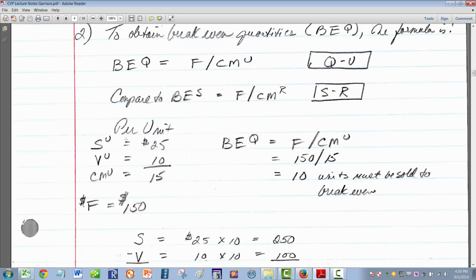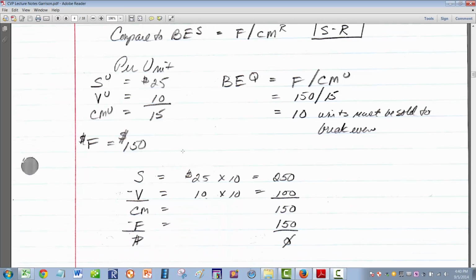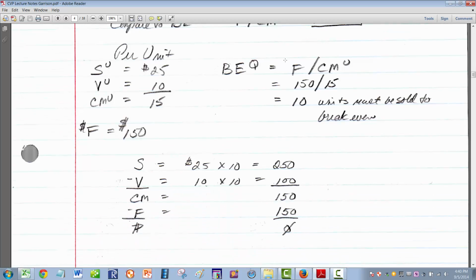All right, so let's look at it on a per unit basis. Our sales price per unit is $25. Our variable cost per unit is $10. Our contribution margin per unit is $15. So let's take our fixed costs of $150 and divide it by our contribution margin per unit. So this means that we have to sell 10 units to break even.